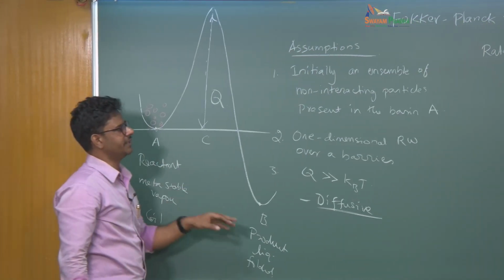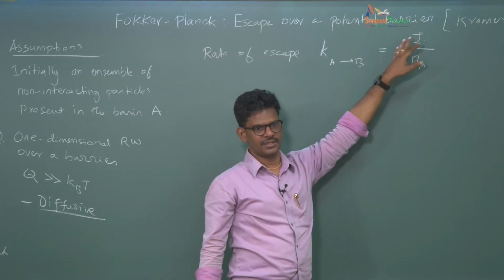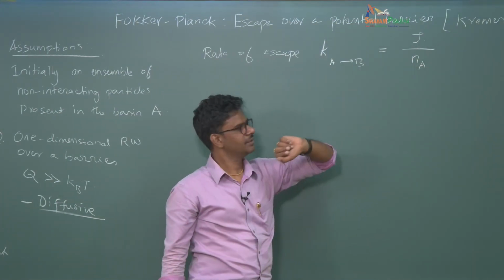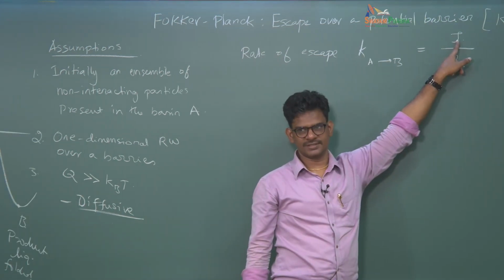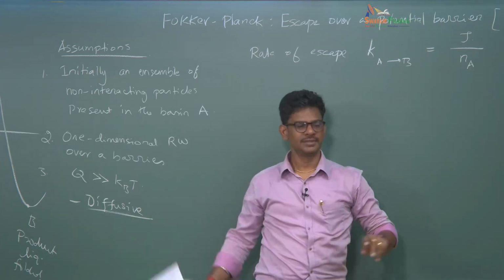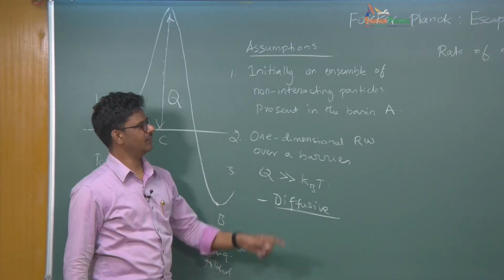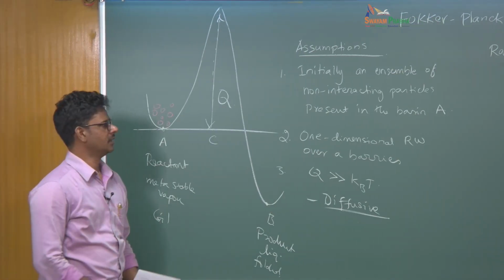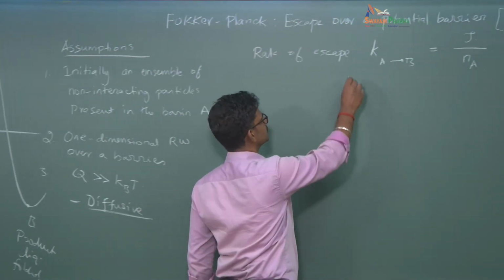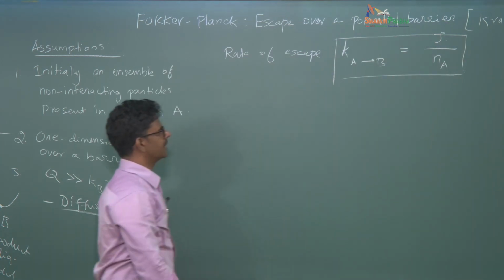Generally, we write J equal to K times N_A. I am rewriting this into a definition. So, now what we need to do, we have to find the diffusion flux by solving the Fokker-Planck equation for this problem, and then the number density of particles in A. Once we do that, then we can find the rate. So this is our definition of the rate constant K.